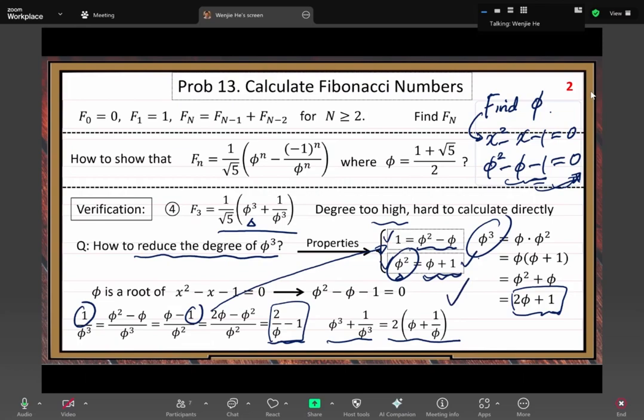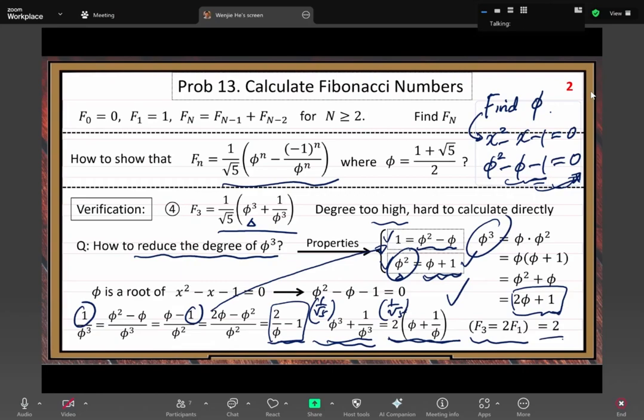If you multiply 1 over root 5 on both sides, based on the formula here, what you get is F3 equals 2 times F1. The right-hand side is 2 times root 5 after multiplying, the left-hand side is F3. Because F1 equals 1, that means F3 equals 2.